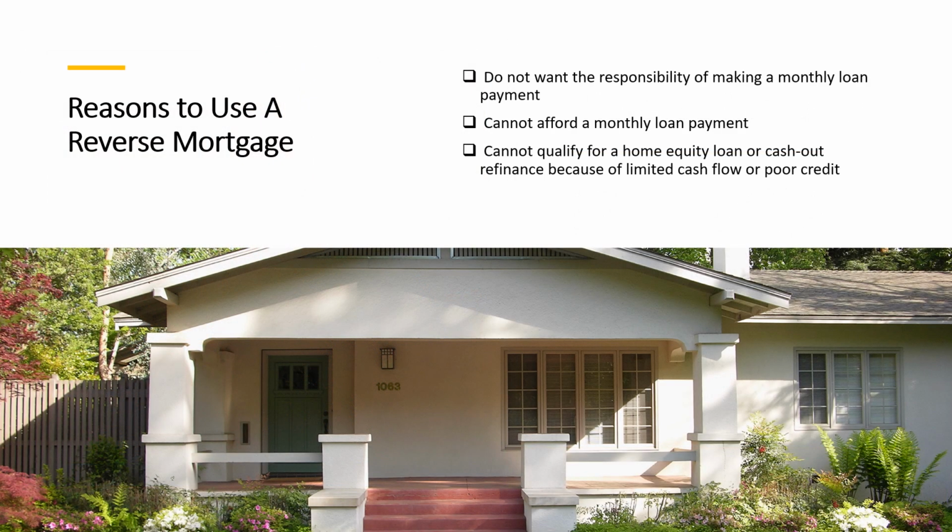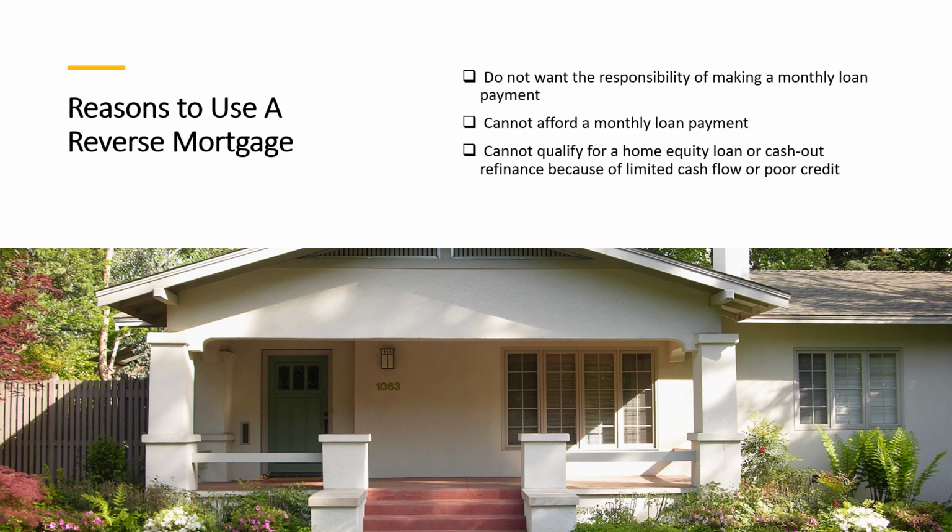Now, here are a few reasons why someone would use a reverse mortgage. Keep in mind, this is for eligible homeowners 62 and over. Let's say they don't want to make monthly loan payments, whether they have a regular mortgage, a home equity line of credit, or a home loan. With a reverse mortgage, they don't have to make monthly loan payments.